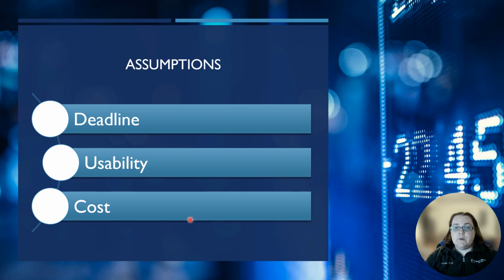Cost as well is one thing that always needs to be kept into consideration because at the end of the day, time is money, and therefore we want to make sure that the product can be brought to fruition as quickly as possible. For each method, there are different costs associated with it.